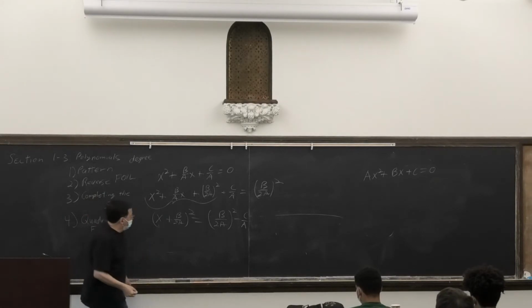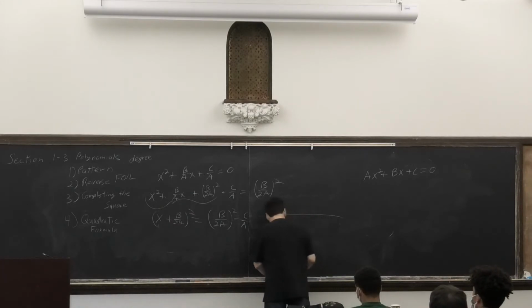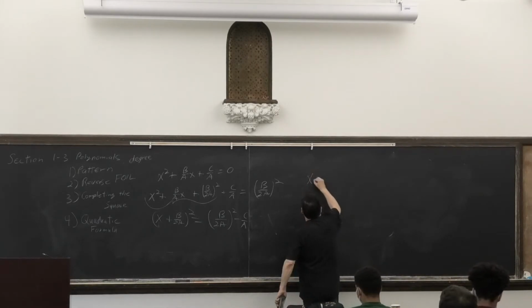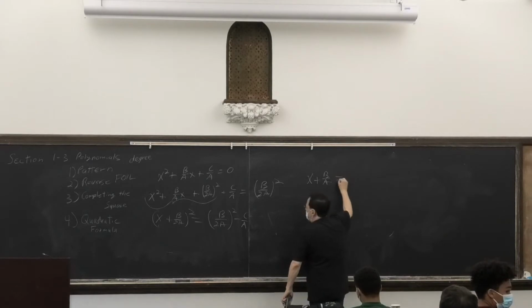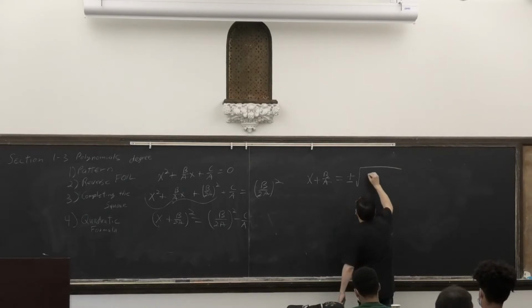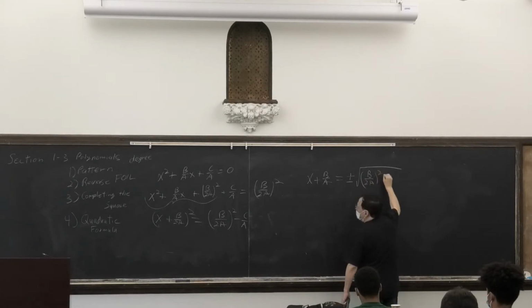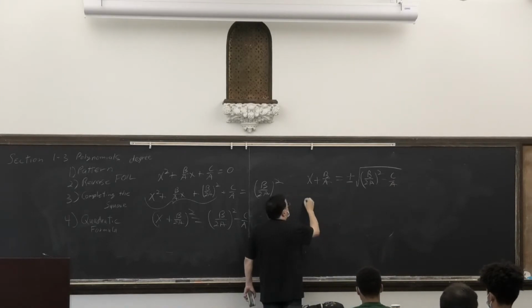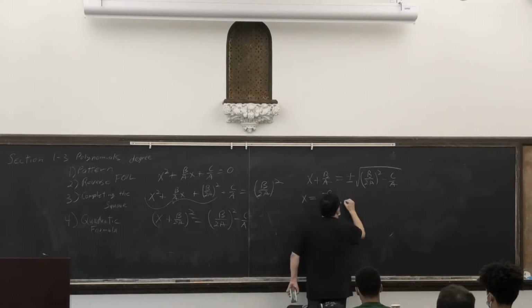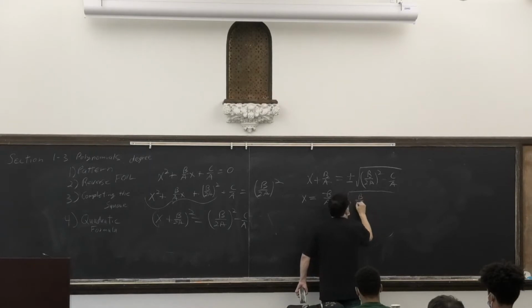I find the square root of both sides. x plus b over 2a equals plus or minus the square root of b over 2a squared minus c over a. And I'm going to subtract b over 2a from both sides. I get negative b over 2a plus or minus the square root of b over 2a squared minus c over a.